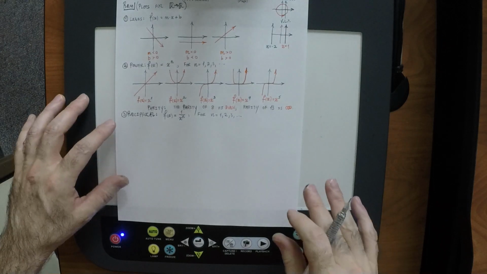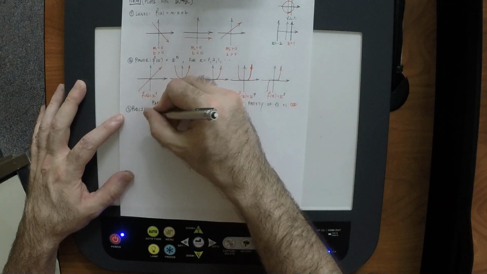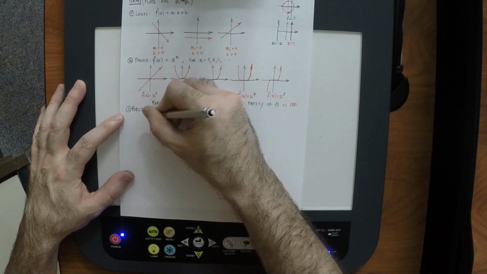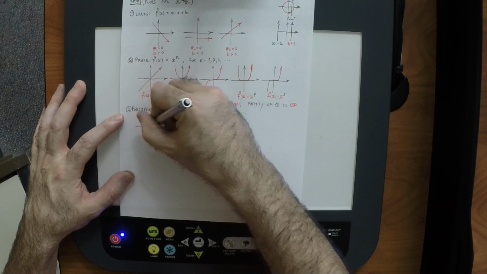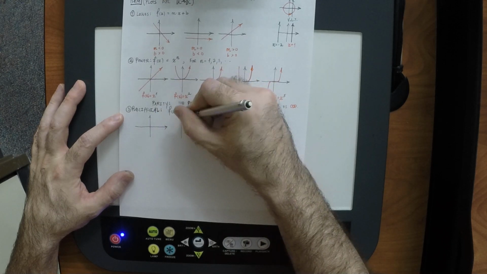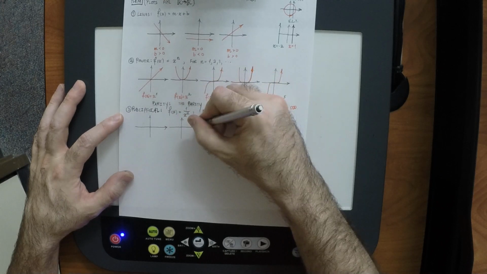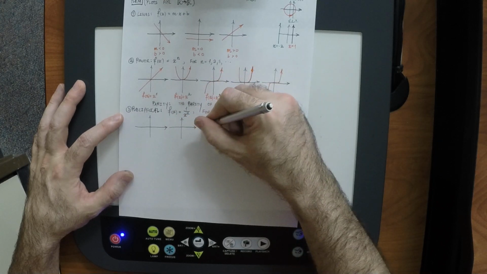So again, I'm going to draw 5 axes, and I'm going to draw them right underneath these, because I want you to be able to visually compare them.